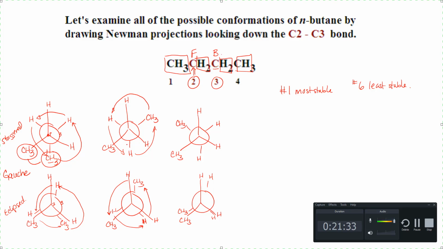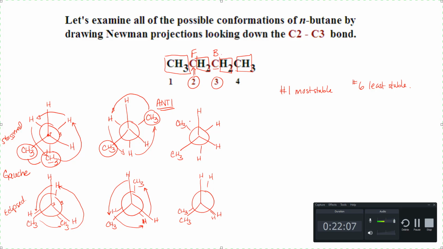Now, when we move to numbers 2 and 3 here, when we look at number 2, the two methyl groups are actually gauche to hydrogens. Well, they have to be gauche to something, so hydrogen's the best case scenario. And so in this case, the two methyl groups are not next to each other. In this terminology we would say those two methyl groups are anti to each other.